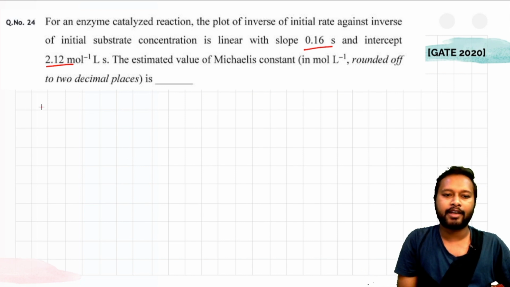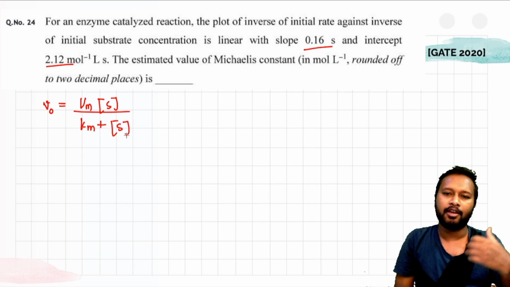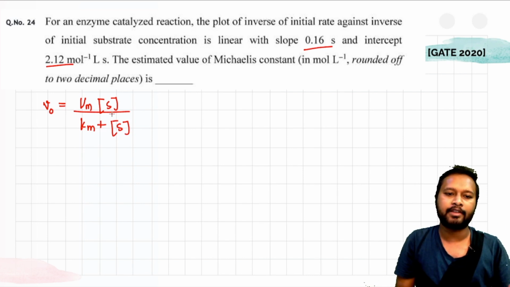Now you know that according to the Michaelis-Menten equation, your initial rate V naught is equal to Vm, that is maximum rate, into substrate concentration divided by Km plus S. Now if you just take the reciprocal of that, or if you know directly the Lineweaver-Burk plot, it's well and good. If you don't know, you can start from here.